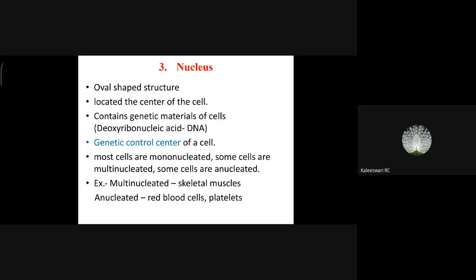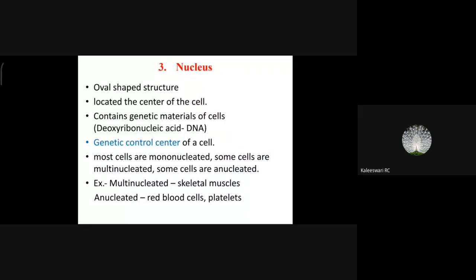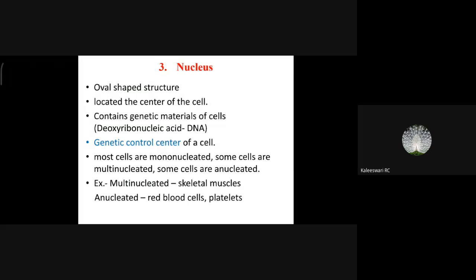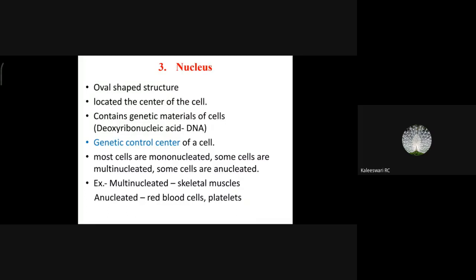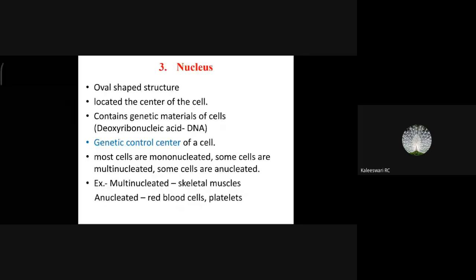As our brain commands, the body responds accordingly. Means when our brain commands for some food, then we feel hungry. When our brain commands for rest, then we feel sleepy. So our brain controls our whole body.